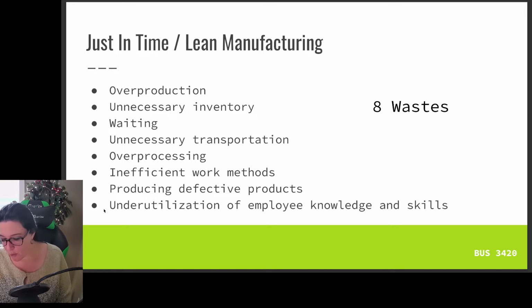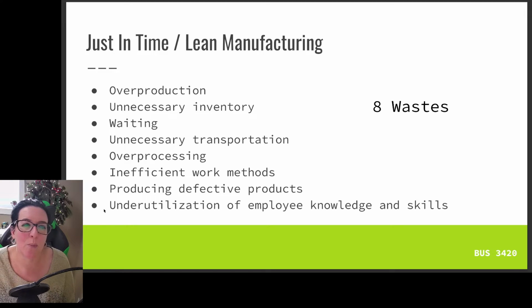When we talk about over-processing, we're talking about doing things that don't add value, or where we're redoing things multiple times. So again, coming back to that process flow, in terms of streamlining the process so that our methods are more efficient, but then we're also not doing things that don't add value.